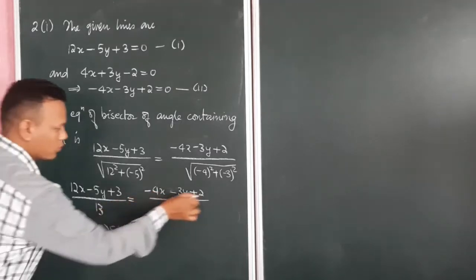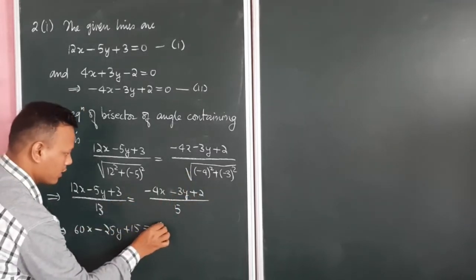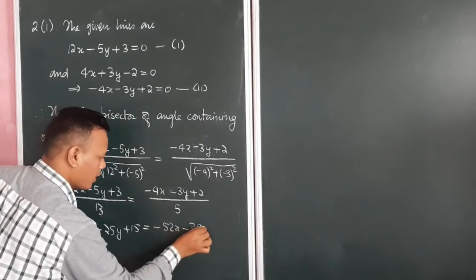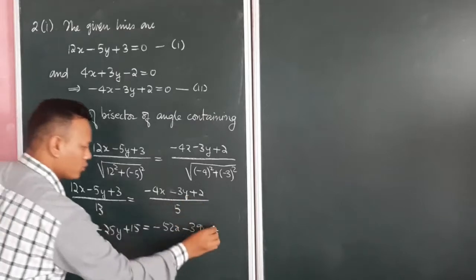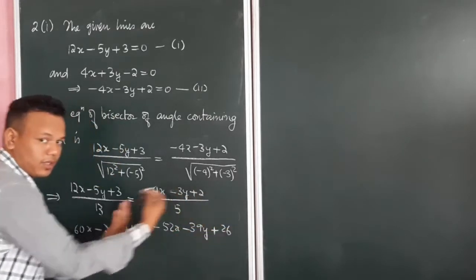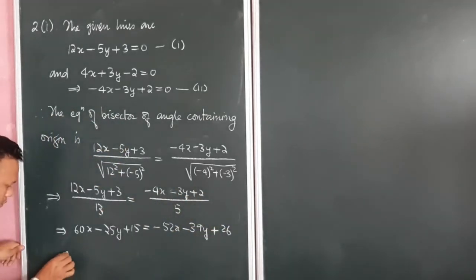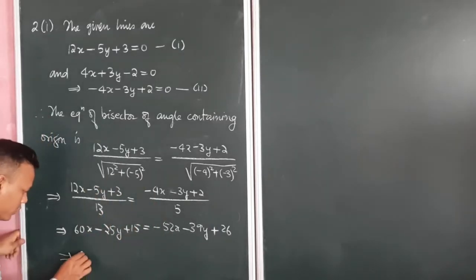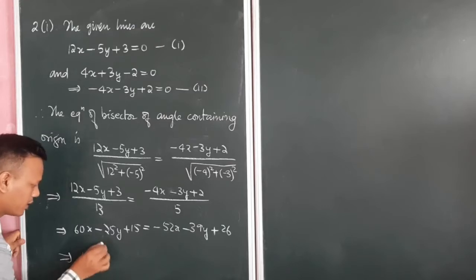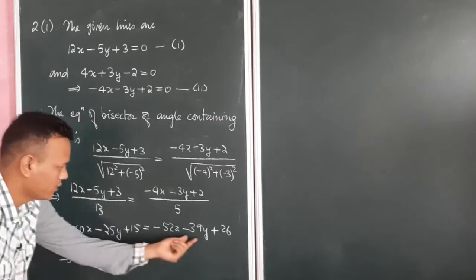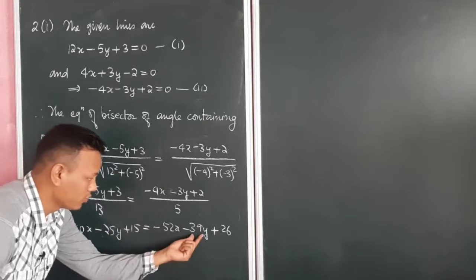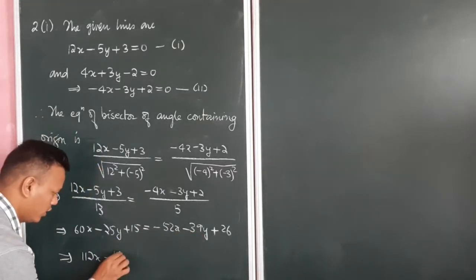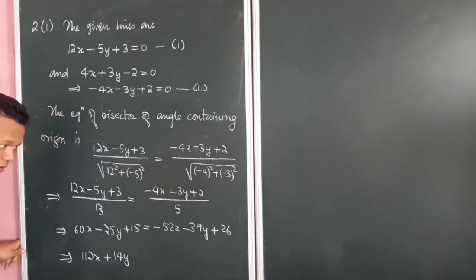equals 13 into this whole thing. So we have minus 52x minus 39y plus 13 into 2, which is 26. Let me get everything to one side. So 60, this comes here and becomes plus, so 60 plus 52 becomes 112x, minus 25, and this comes over there and becomes plus, so this is bigger, 39 minus 25 becomes 14, sign will be plus.